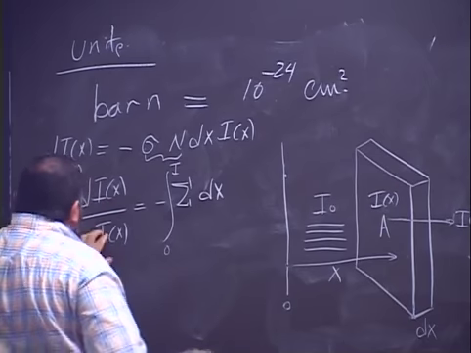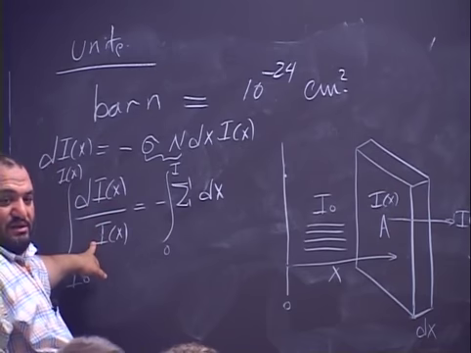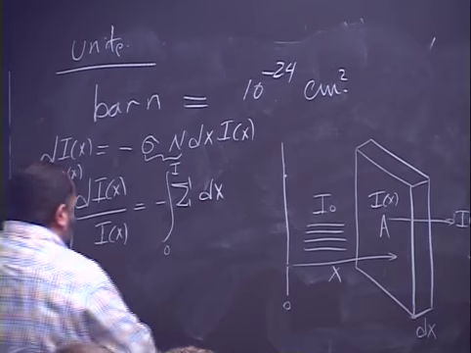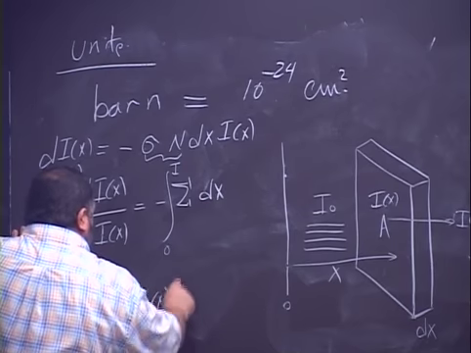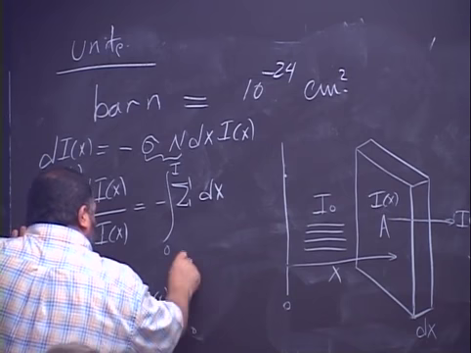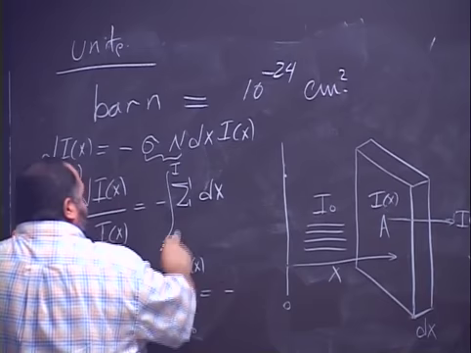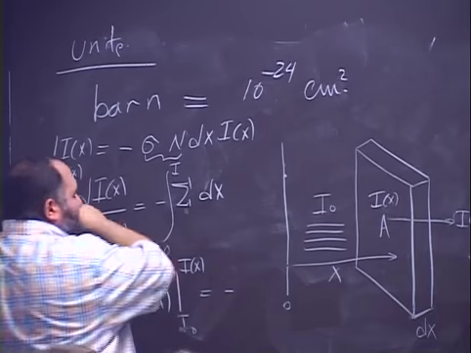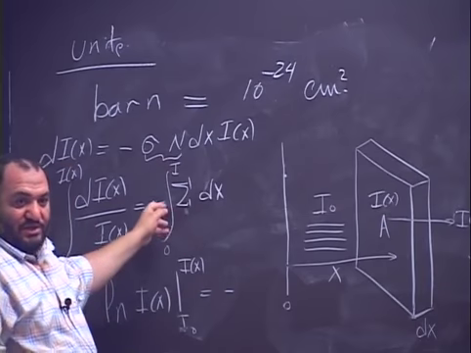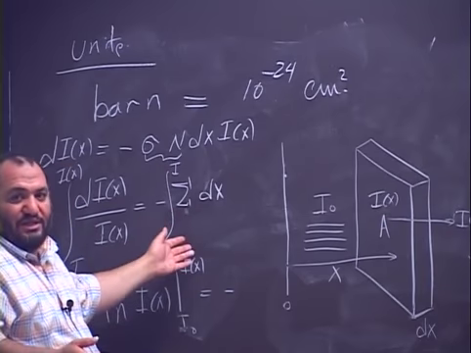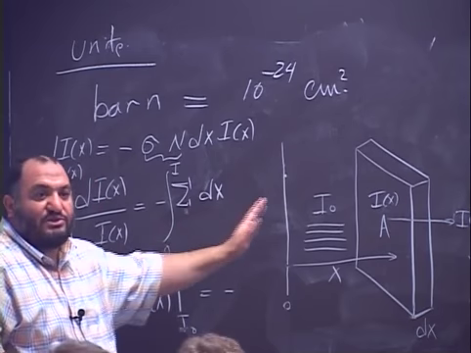So what's the integration of dI over I? Ln I, yeah? So this will be ln I of x from I naught to I of x equal to negative. If this is a function of position, we cannot get it outside the integration. But let's assume that for right now, the cross-section does not vary with distance.